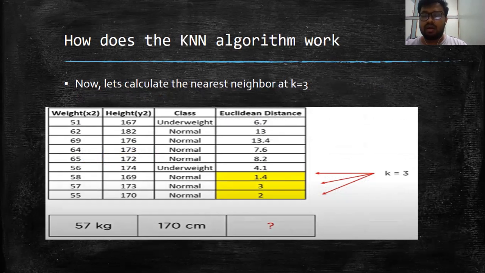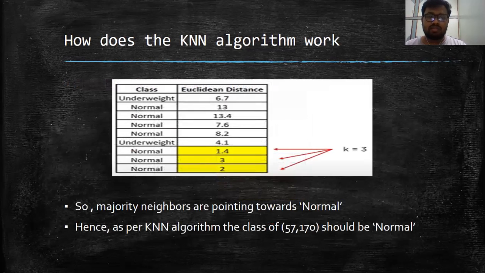As the algorithm suggests, we have to consider the nearest neighbors. Nearest neighbor means those which have the minimum Euclidean distance. So you can see 1.4, 3, and 2. These are the minimum Euclidean distance values. So these will be our three nearest neighbors. And now, as you can see, these three neighbors are in the class of normal.